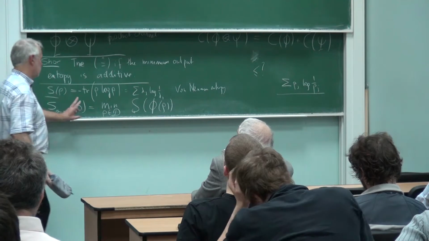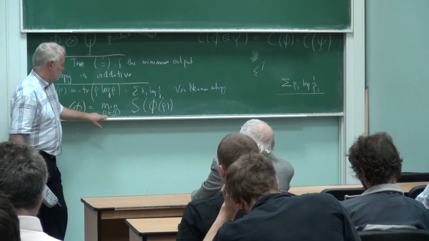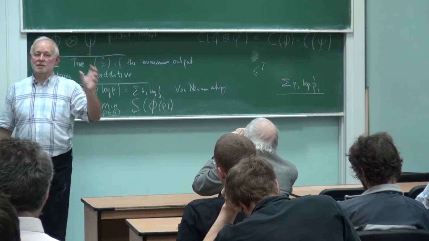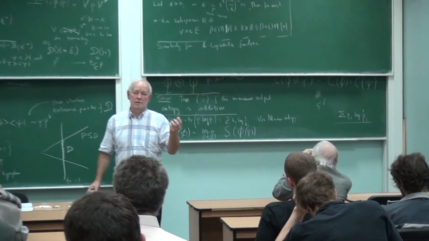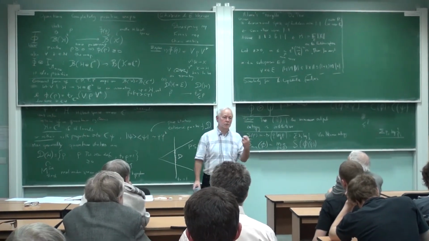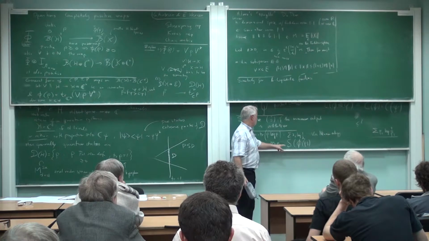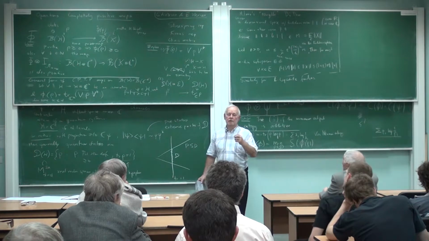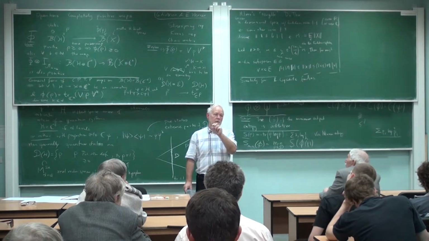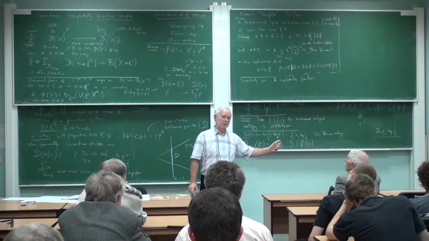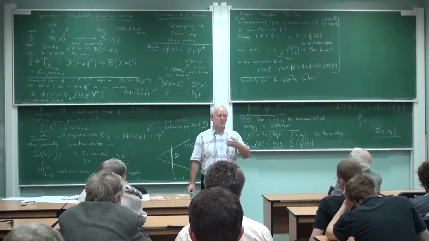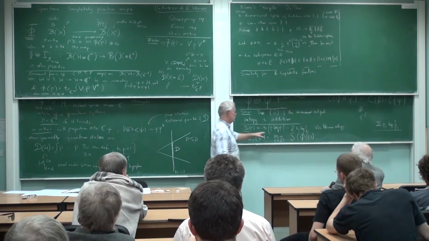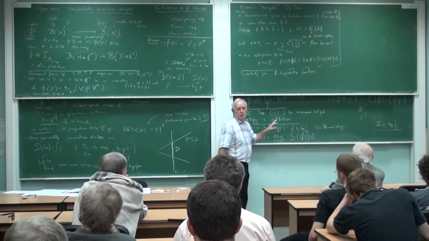So if the range of your channel restricted to the states contains a projection, a pure state, then this is 0. If your channel sends everything to a multiple of the identity divided by the dimension, which is possible, like a maximally mixing channel, total noise, then this will be the logarithm of the dimension.